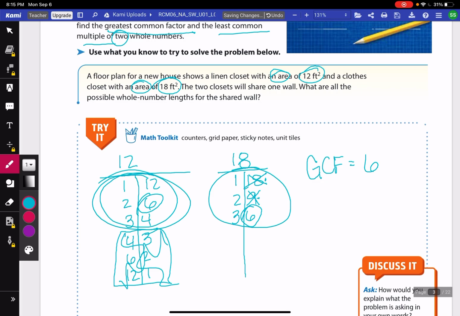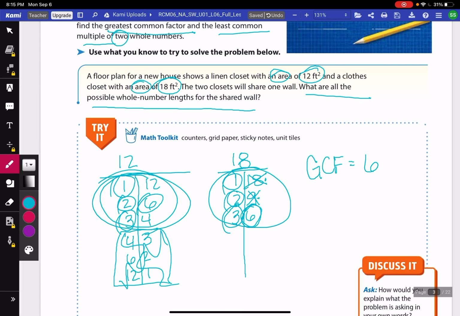But what does that mean to our word problem? What are all the possible whole number lengths for the shared wall? We haven't really answered our problem. We know that the greatest common factor is 6. Well, do they have a 3 in common? Yeah. Do they have a 2 in common? Yeah. Do they have a 1 in common?